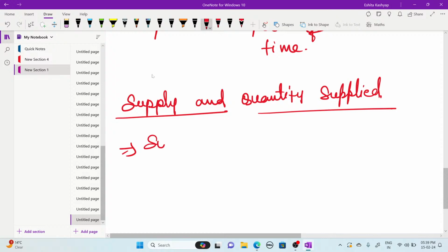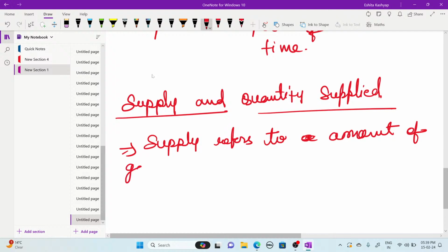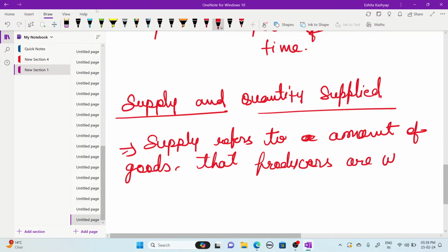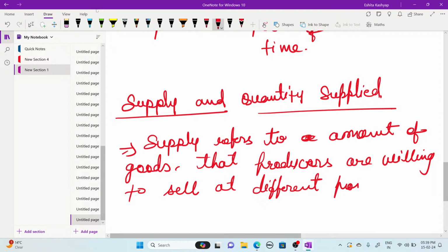So supply refers to the amount of goods that producers are willing to sell at different prices.